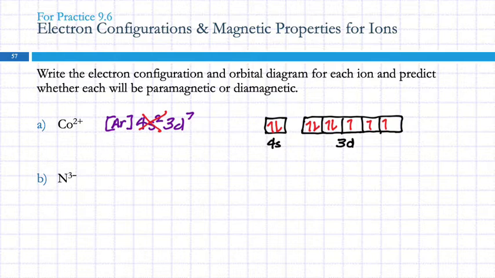And so the electron configuration for the ion is going to be argon 3d7. Occasionally you might see 4s0, but I don't think that's required at all. If we're looking at the orbital diagram, which electrons are we going to erase? The 4s ones, right? Get rid of those guys. So that's the cobalt 2+ ion.